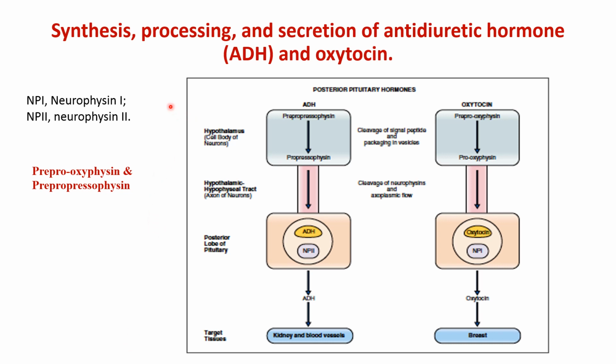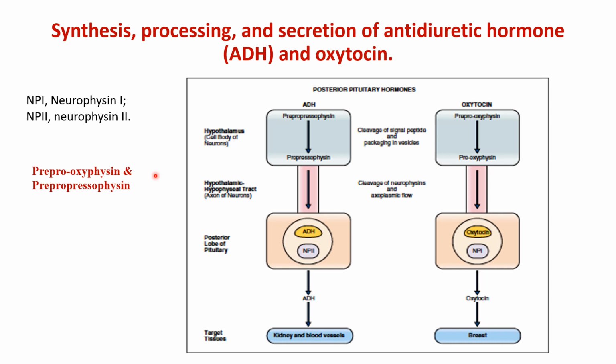Now let's talk a little bit about the synthesis, processing and secretion of ADH and oxytocin. These are the hypothalamic nuclei. Let's say this is the supraoptic nucleus, which makes primarily ADH, and this is the paraventricular nucleus, which primarily makes oxytocin. Like other hormones, they are initially synthesized in these neurons as a pre-prohormone.